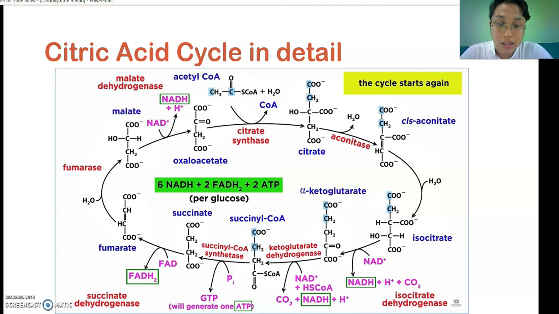Parang si ATP di ba si adenosine triphosphate. Si GTP is guanine triphosphate. Makikita natin kung ano ang pinagkaiba ng adenine at guanine later on, okay? Sa ating module on nucleic acids, guys, okay? So but then yun nga, yung GTP will yield 1 ATP. So 1:1 lang yon. So in turn, parang ATP din yung na-produce.